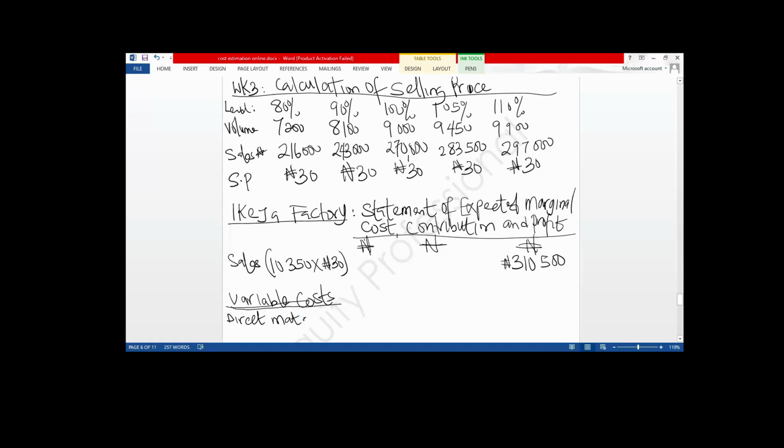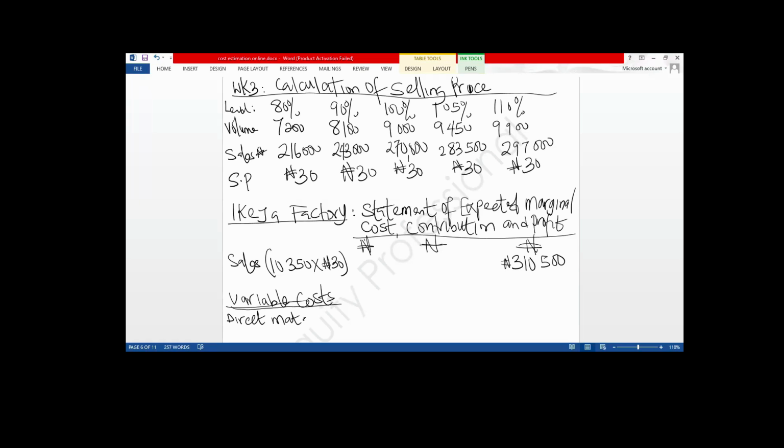If production is within 100%, material per unit is 11 Naira. But if production is above 100%, material cost per unit is 8 Naira 50 kobo. So which one are we going to use?